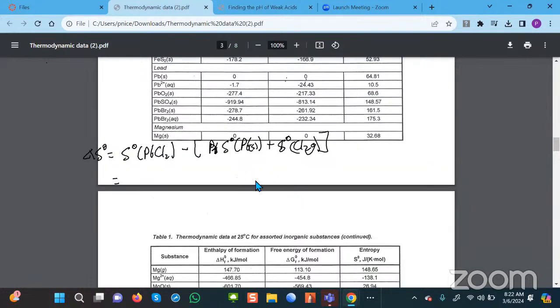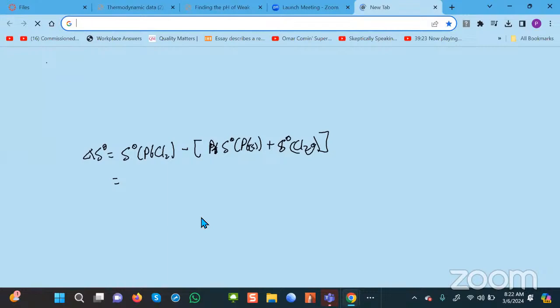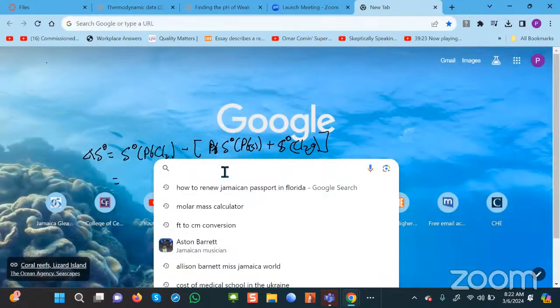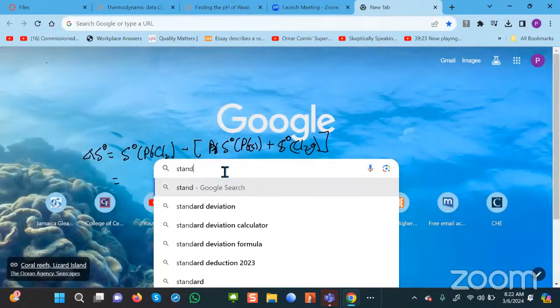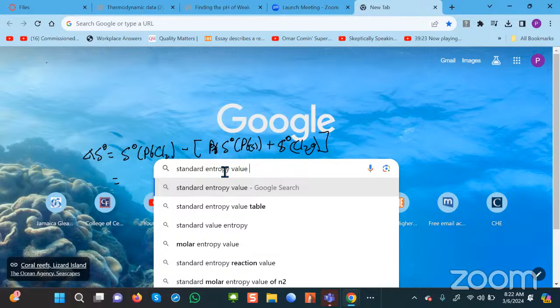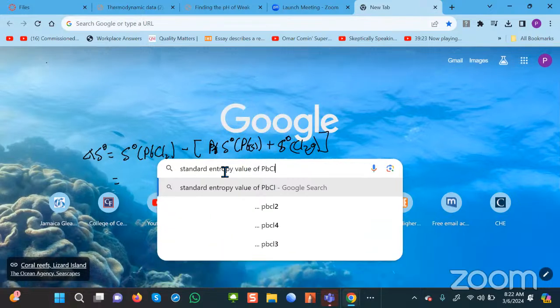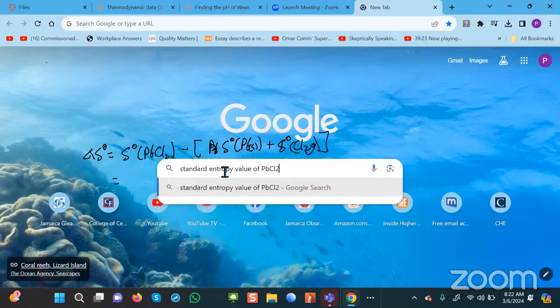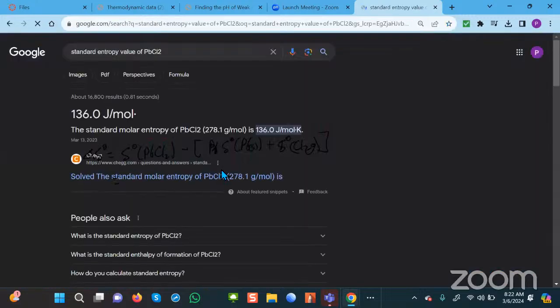Oh, interesting. Seems as if there's no lead 2 chloride. There's lead 2 bromide, lead 2 sulfate, lead 4 oxide, lead 2 plus. Okay, so what I'm going to do is look up the standard entropy value of PbCl2.